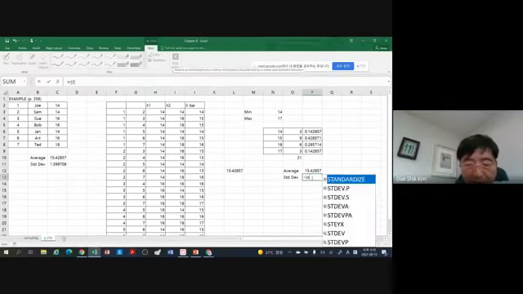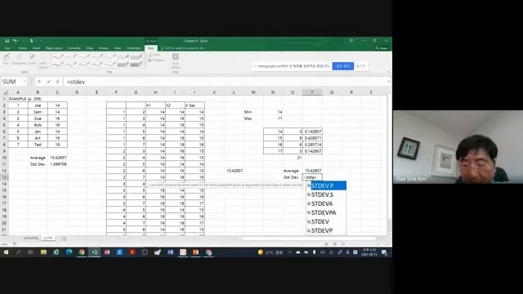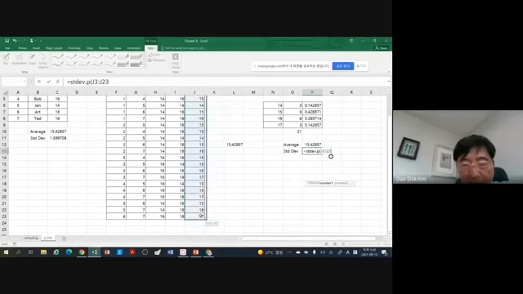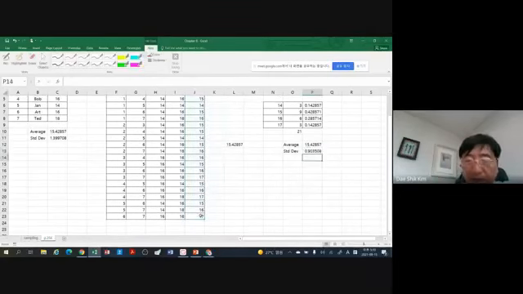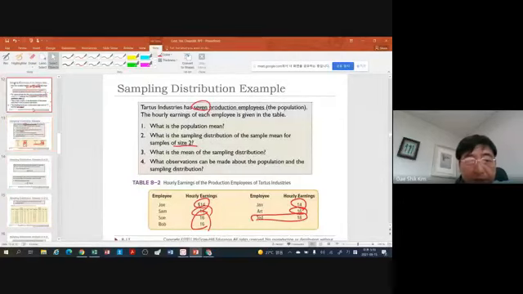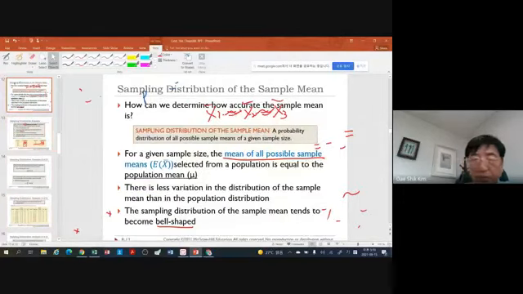So for STDEV, you can use .P. I will try to use this one because see, originally the standard deviation is 1.39, almost 1.4, but this one is much narrower. Right. So when you do it, it will be less. It is less variation.